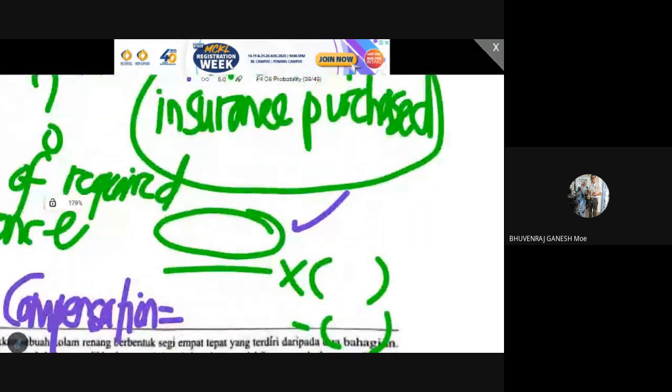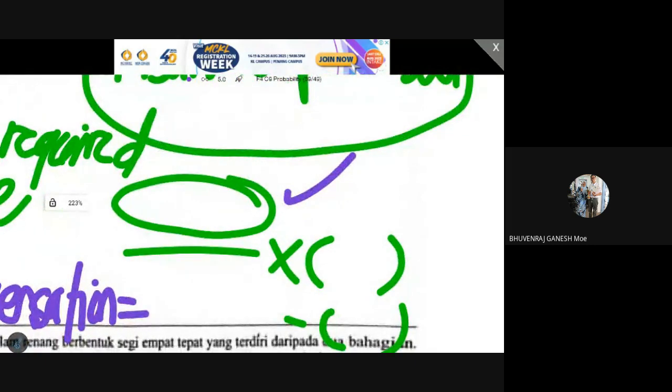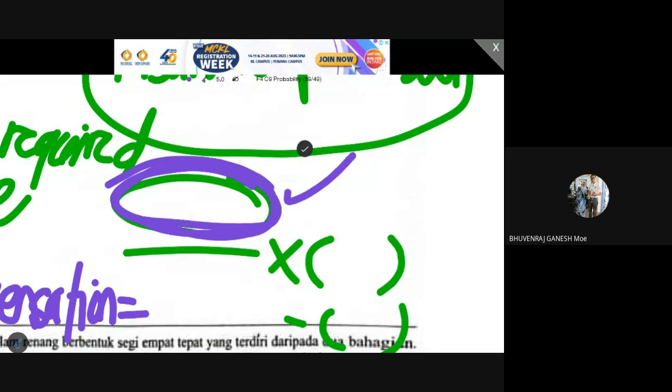Remember, whenever there are two fractions, if you came to my class last time, you will know one thing. This value on top of the fraction, is it less than or more than? Nilai yang lebih kecil atau nilai yang lebih besar kita isi atas pecahan ini. Do we put a smaller value here or bigger value here? Yes, very good.